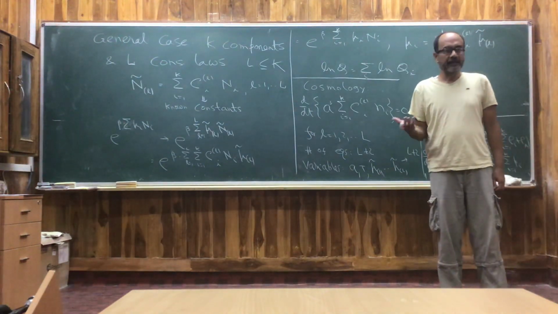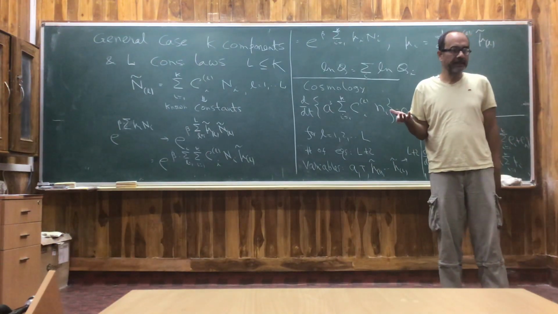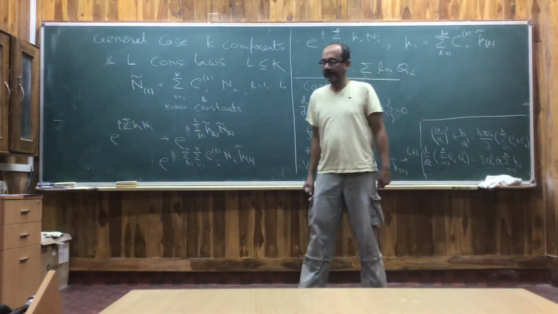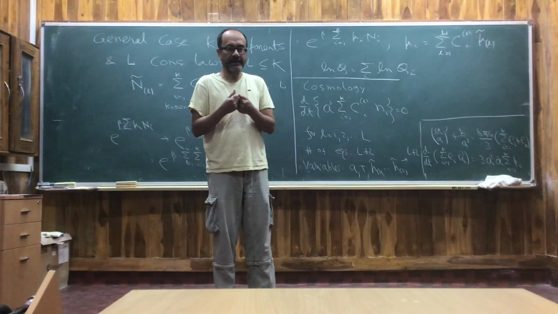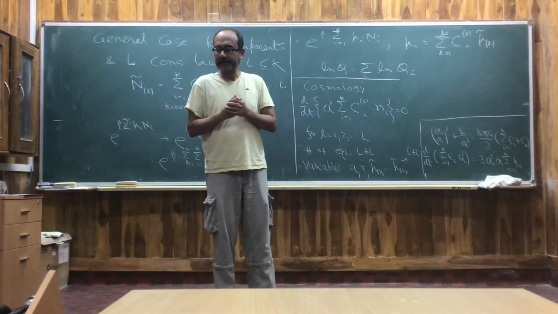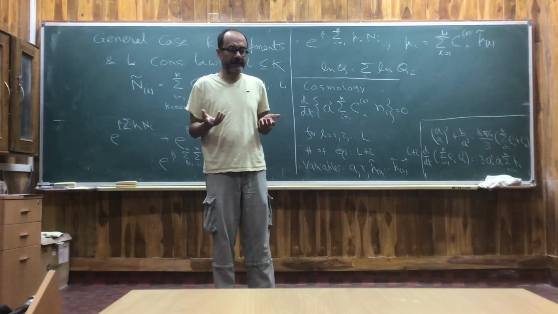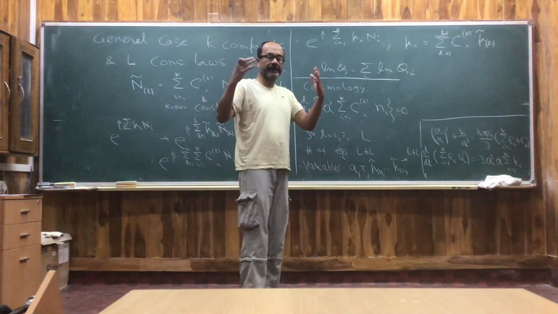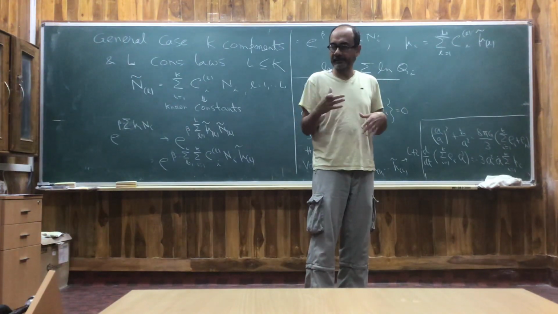Sometimes the number of conserved charges may change. For example, if you have a particle-antiparticle pair, as we have been discussing, the particle-antiparticle pair annihilates. So, if the annihilation process is allowed, then the number of particles and number of antiparticles by themselves are not conserved. It's only the difference that is conserved. But imagine that you are in some time domain where the probability of annihilation is small.